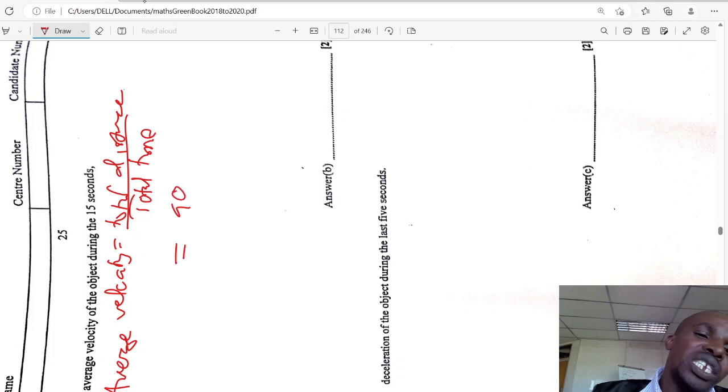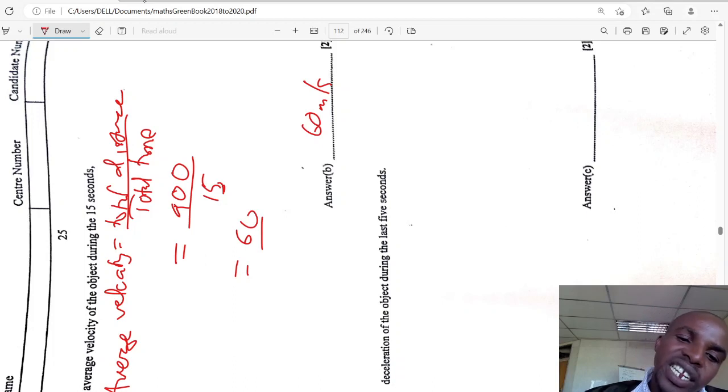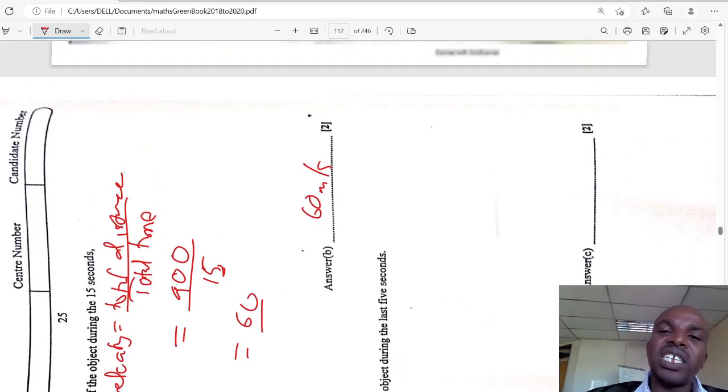Total distance, we got it as 900. Total time is 15. So 900 divided by 15. 15 into 30 is 2, so for every 30 is 2. So it's supposed to be 60 meters per second. Done.